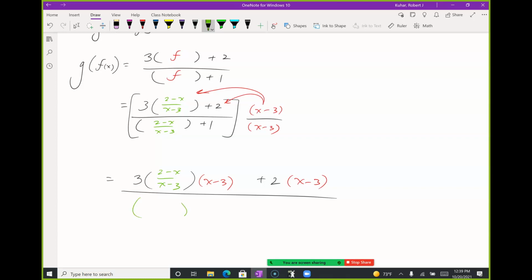So I've got my 2 minus x over x minus 3, multiplying that by the x minus 3, and then plus 1 times that x minus 3. Does everybody see what's going on there? Yes. So I'm trying to go slow, doing baby steps.